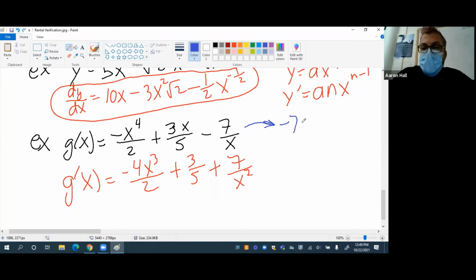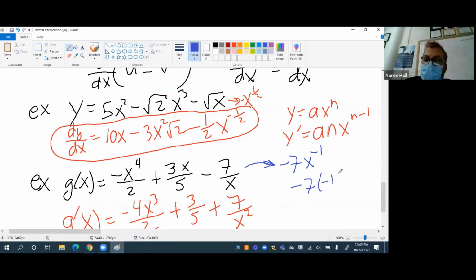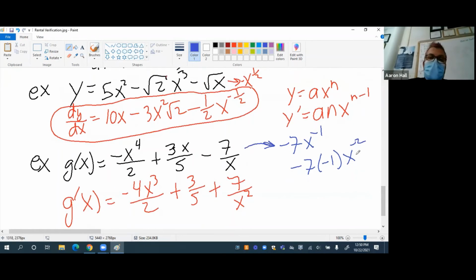There's 7x to the power of -1. Yep. And now with our power rule, our a is -7, our n is -1. So that gives us -7 times -1 times x to the power of, we subtract 1 from our exponent, that gives us -2. Okay, and then what Bryn did, did you do this in your head?